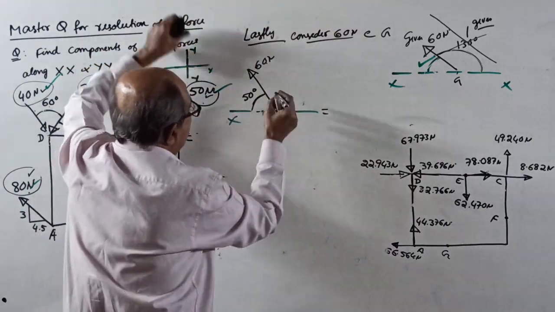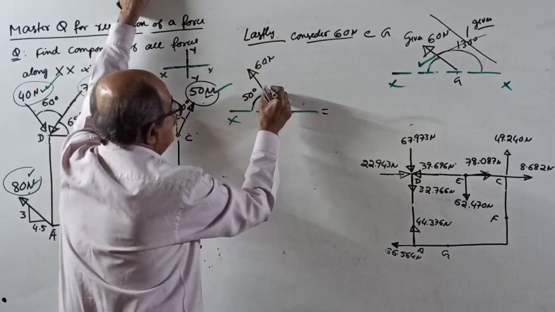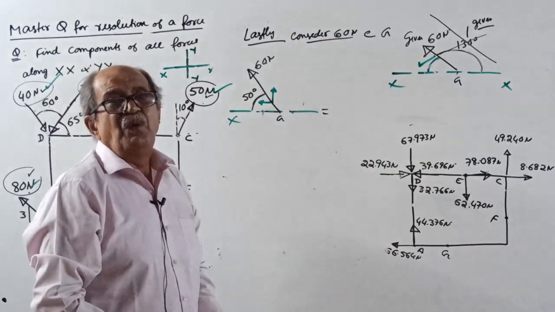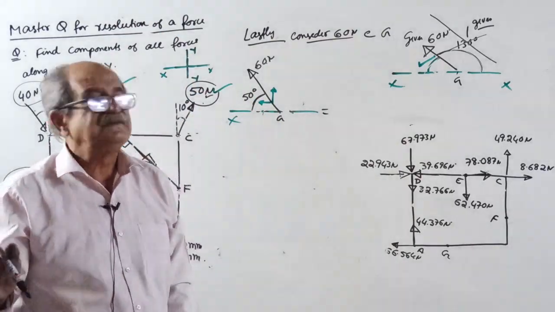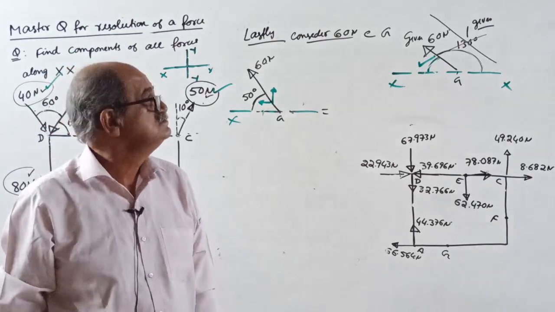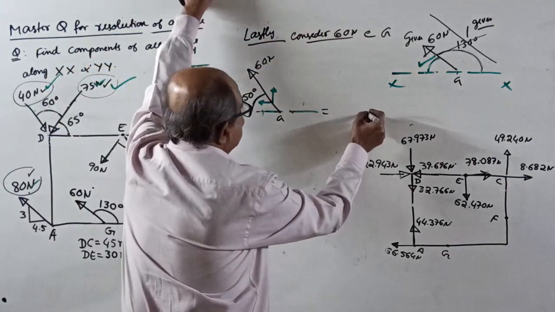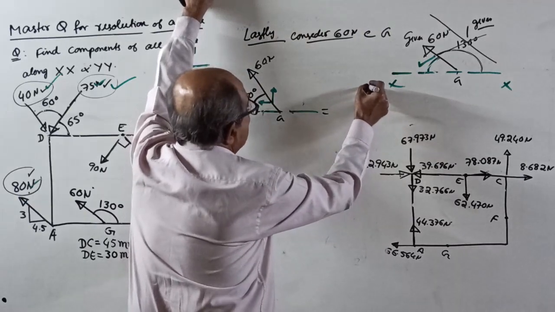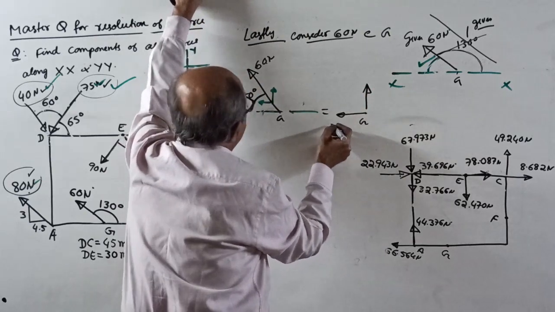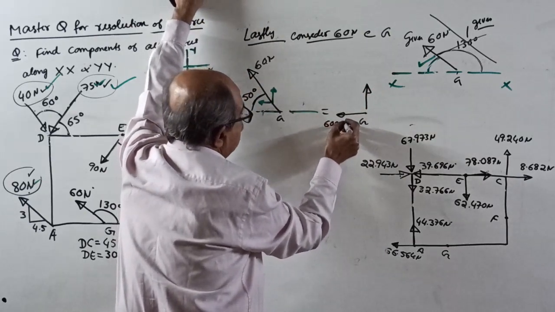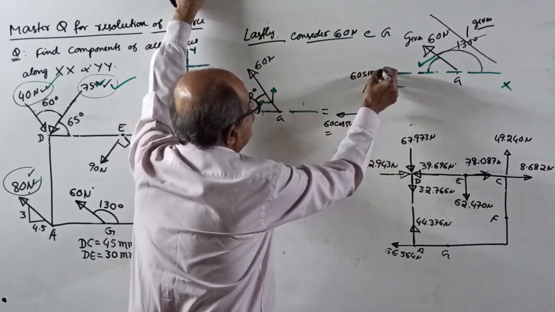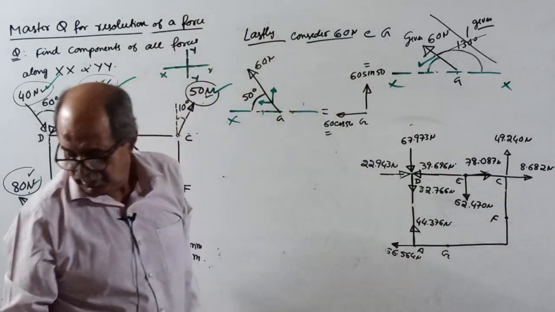Vertically up, horizontally left. I will tell the reason, don't worry. Every point I tell, there will be a reason. I will not talk anything without knowing the answer, remember. Now it has got to the point G, one vertical component up, horizontally left. This is 60 into cos 50, equal to 60 into sin 50, equal to over.